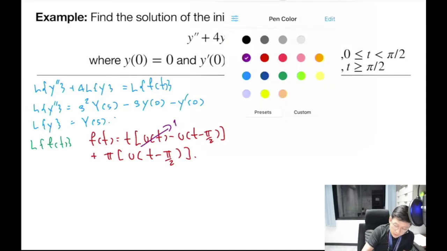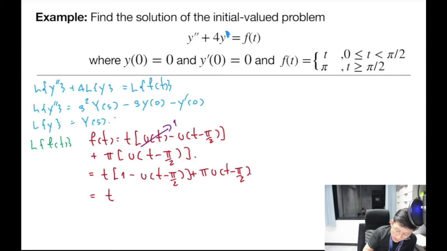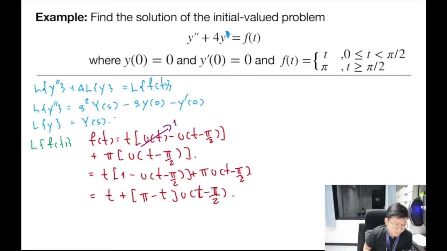So here we have that it's actually t times [1 minus u(t minus half pi)] plus pi u(t minus half pi), and that is t, plus (pi minus t) u(t minus half pi), and that is f(t).